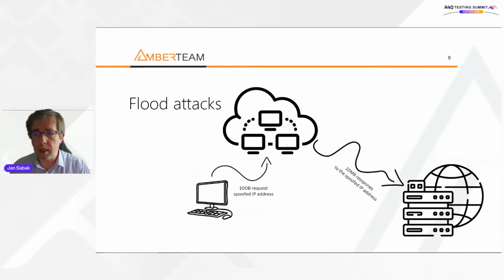From the attacker's point of view, the throughput is only 100 bytes per request, times, of course, several thousand requests. But then from 1 megabit per second here, there will be several gigabits per second going from the internet to the attacked software.